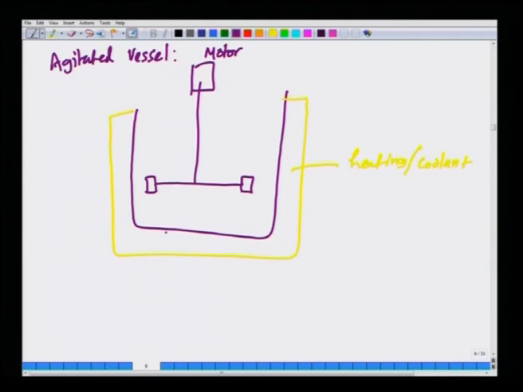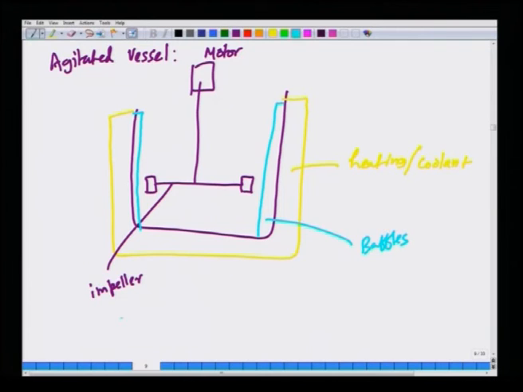Okay. And this is an impeller, and then on the sides you have baffles, to reduce tangential motion of the liquid. Okay. And typically the liquid that is present will have a free surface. Okay. This is a free surface of the liquid.